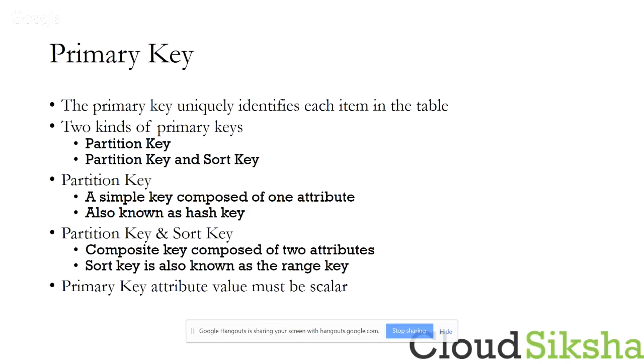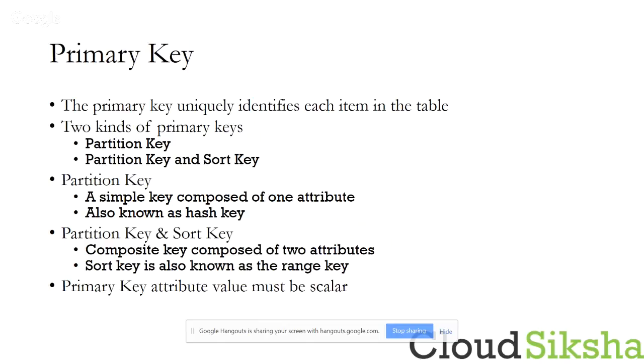For example, in the example that I gave about you having a bookshop, you can have a key called product ID. So the product ID must be present in every single item that you have.